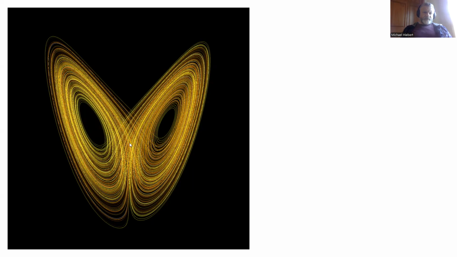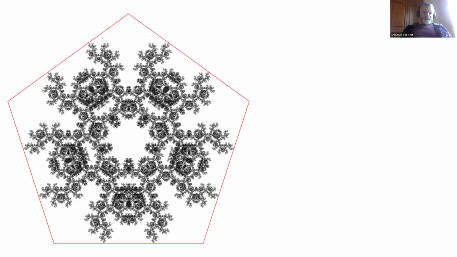There still is a lot of chaos in what exact path this system will take, but it's roughly organized into these circular patterns. There are other attractors that will create fractal structures, such as this, a beautiful structure. Kind of looks like a snowflake.